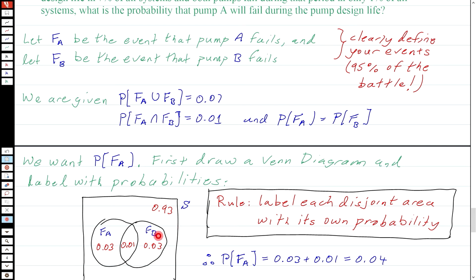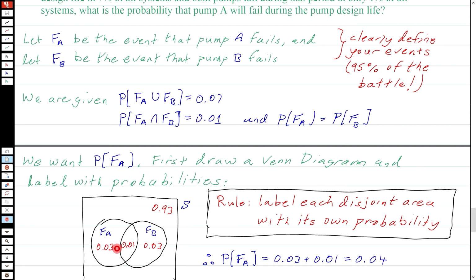So for example, you would not label the whole of FA here with that probability. You have to start in the middle, and we know that the probability of the intersection is 0.01. We know that the sum of these is 0.07, so the three numbers that go in here have to add up to 0.07. If these are identical, these two numbers have to be the same.